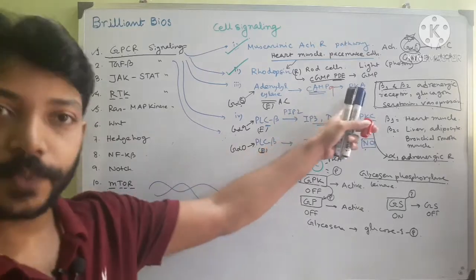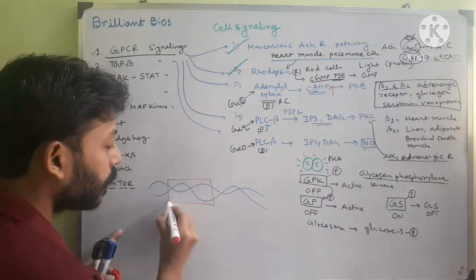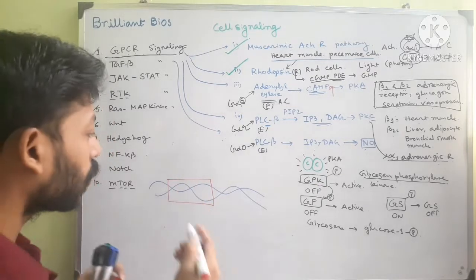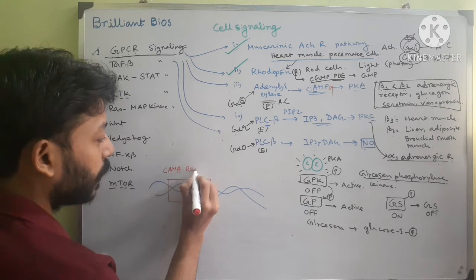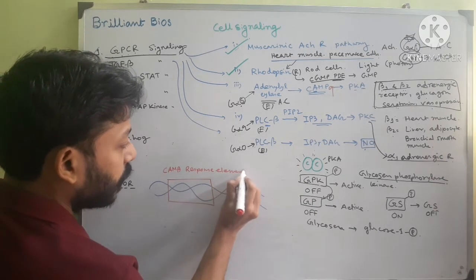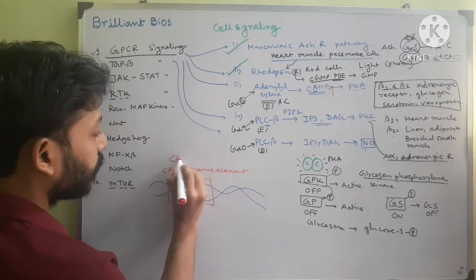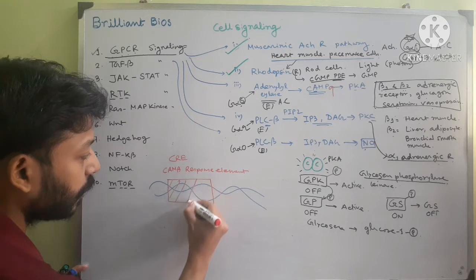This cAMP activates PKA. Now there is a gene that has a particular site called cAMP response element, in short CRE. This is a DNA region. Let's suppose this region is the CRE region.